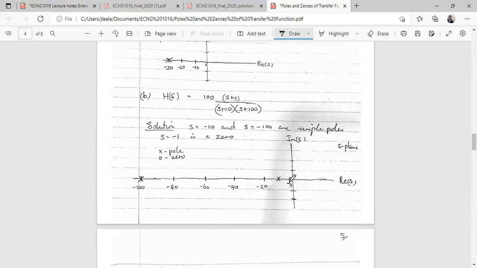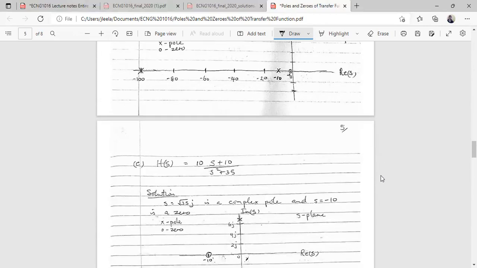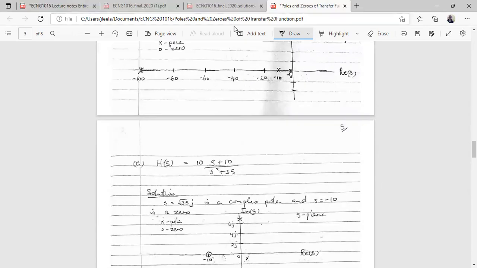So draw the circle here at minus 1, right? I have an X here at minus 10. Let me assume this is minus 10 here, and this is minus 100 here. So you have an X here. Any questions on that so far? Okay.